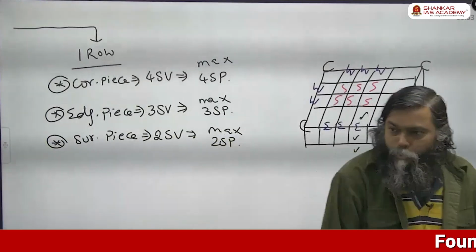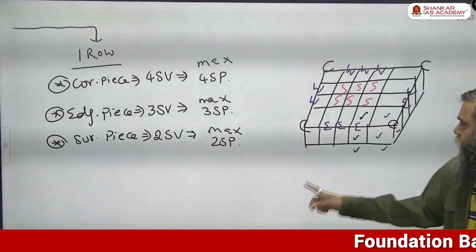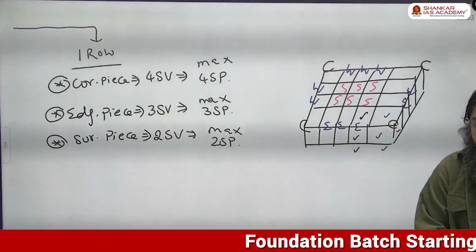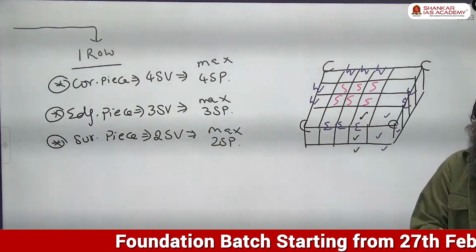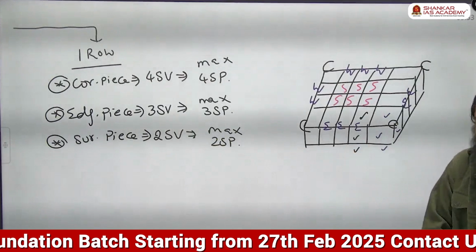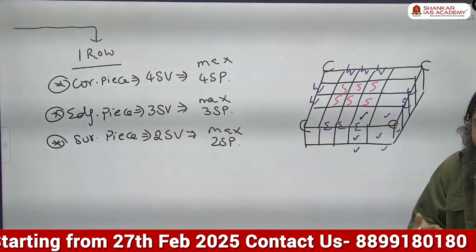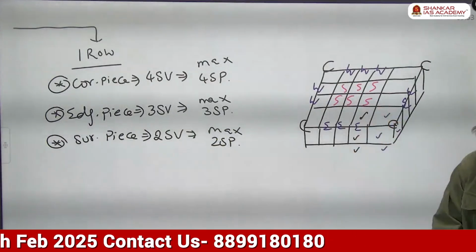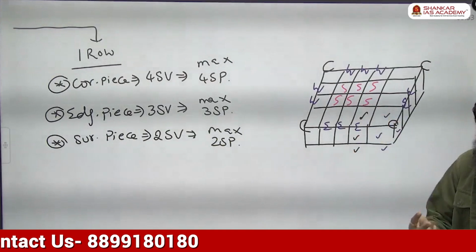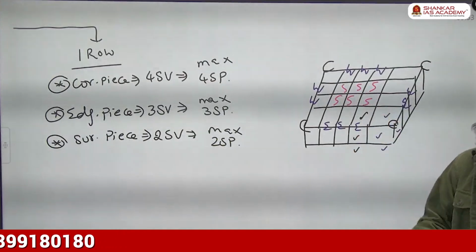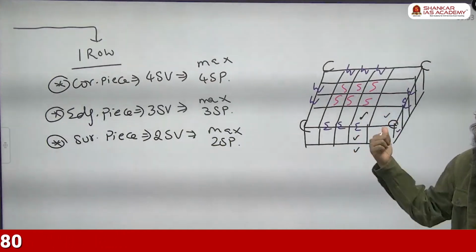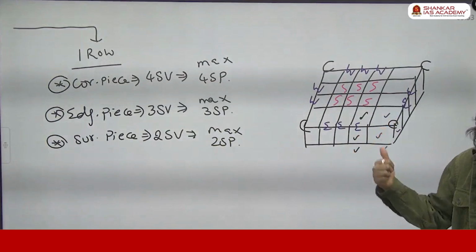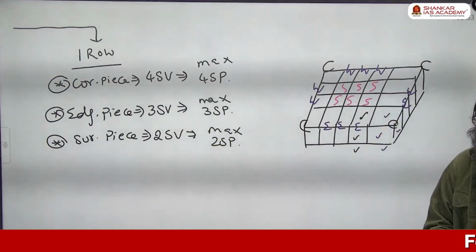So is a 4-side visible piece available or not available? Yes, sir. Is a 3-side visible piece available or not available? Available. Is a 2-side visible piece available or not available? Available. Is a 1-side visible piece available or not available? Not available. 0-side visible?